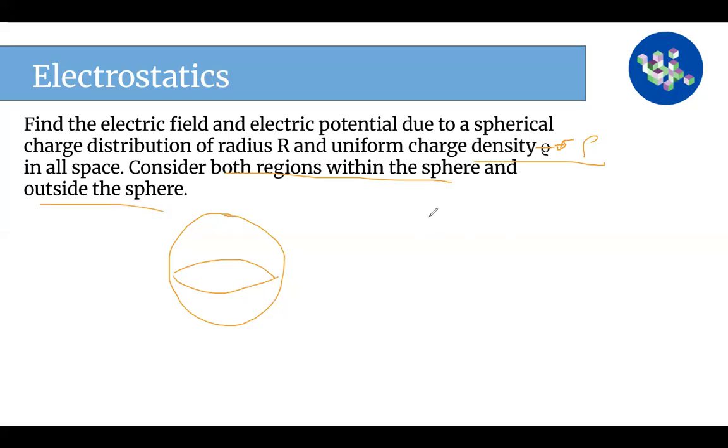It may be helpful to remember Gauss's law, which was the integral of E dot dA equals the enclosed charge Q enclosed divided by epsilon zero. I'll give you a minute to work that out. If you have any answers or questions, just send them in the chat.